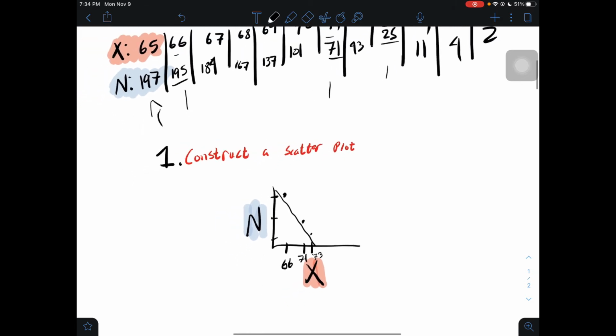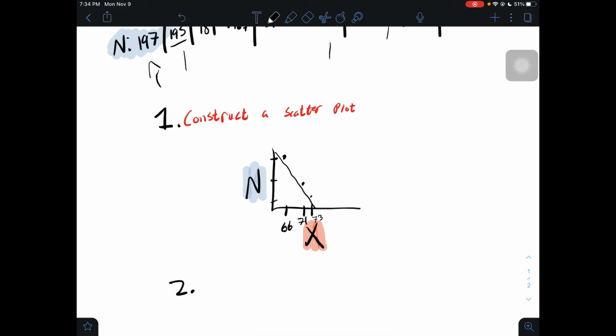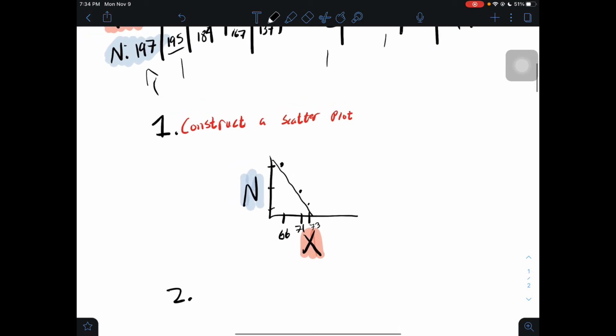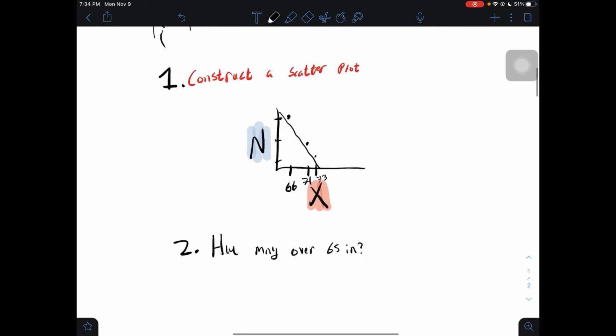Pretty simple, pretty easy. The next thing that we want to do is find how many of our buildings are over 65 inches. That's what we're trying to find out.